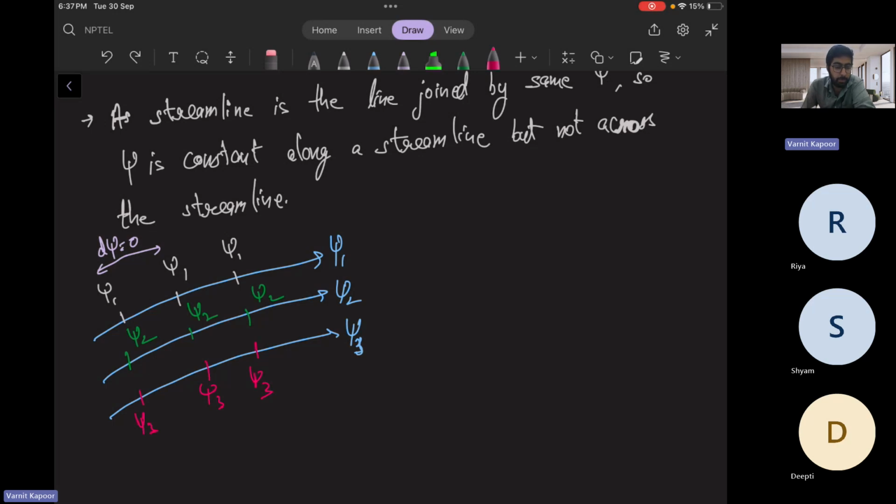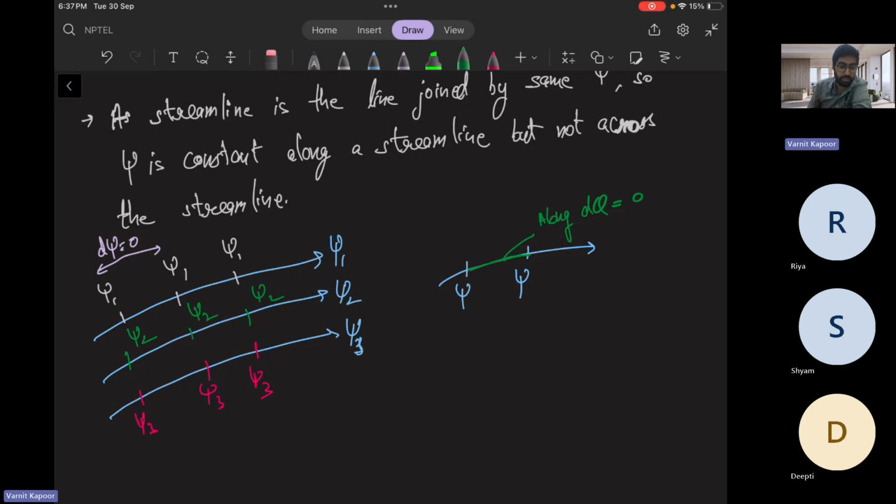The flow is happening, but the change in the discharge is zero. So if my streamline is like this, this is also psi, this is also psi. And along the streamline, the change in my discharge Q is zero.